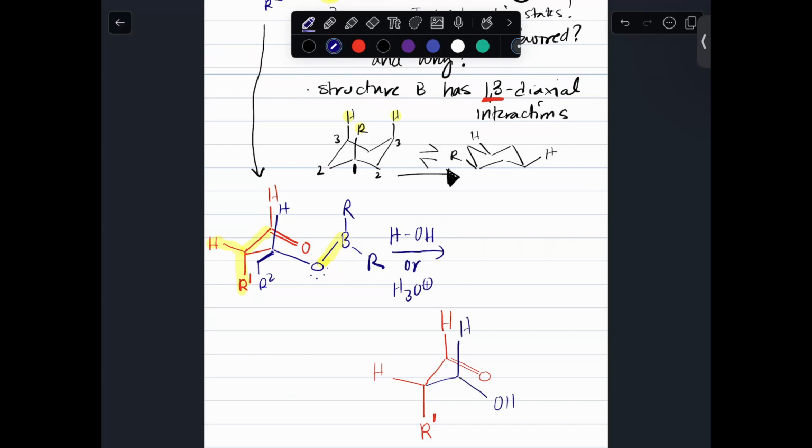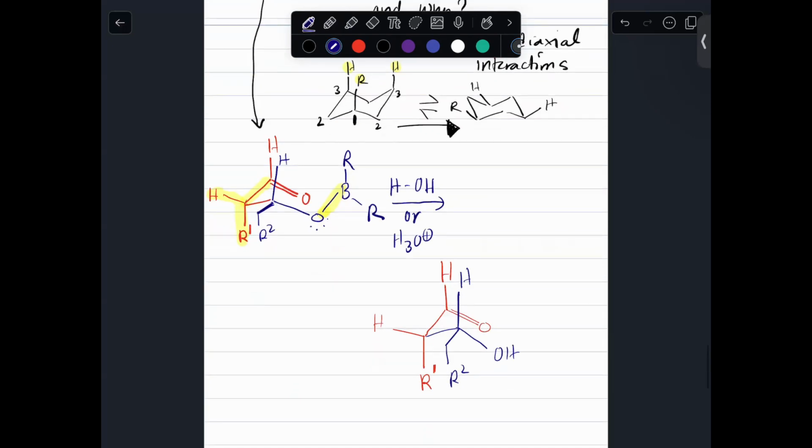Now it's protonated. Okay. So I'm done. This is my six-membered ring, or the product resulting from my Zimmerman transition state.